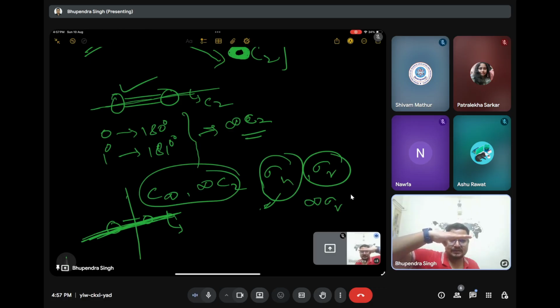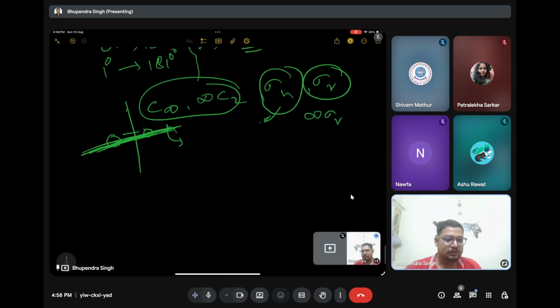Let's say I am tilting a little bit: this is 1 degree, this is 2 degrees, this is 3 degrees. So infinite number of sigma v's are present, and you will get the same orientation of the molecule by applying this symmetry element, this plane of symmetry, to the molecule.